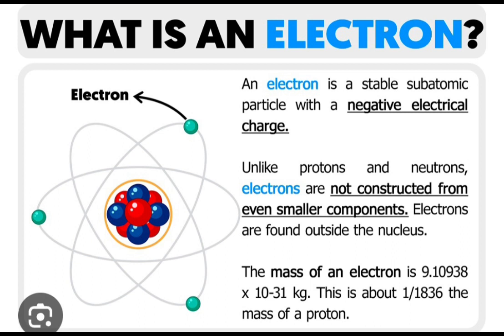The negative charge of electrons is equal in magnitude to the positive charge of protons, the other subatomic particles in an atom. This balance of positive and negative charges allows atoms to remain electrically neutral.